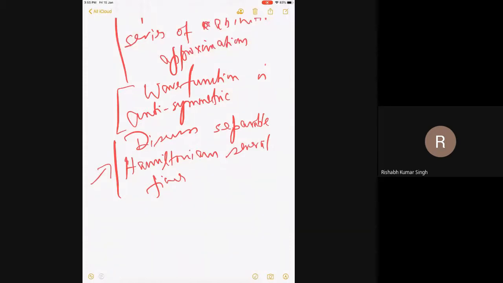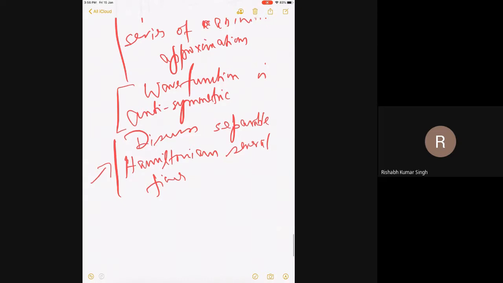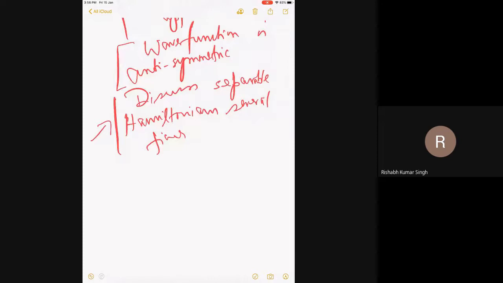In fact, you will see that the Hartree-Fock approximation, the first approximation, is actually a separable solution, because all the separable Hamiltonians have much better connection with chemistry, simply because they can be written in terms of orbitals.